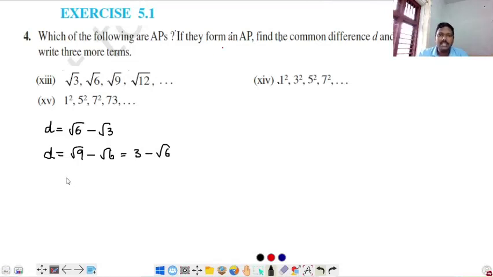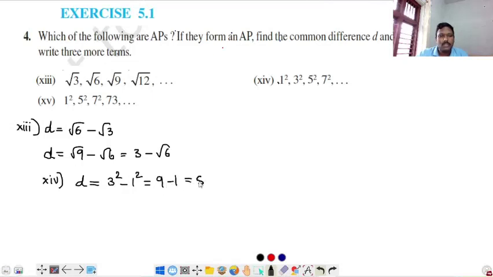Now let us check question number 14. In 14, 1 square, 3 square, so we can check the common difference. D is equal to second term minus first term. What is it? 3 square minus 1 square is equal to 9 minus 1.